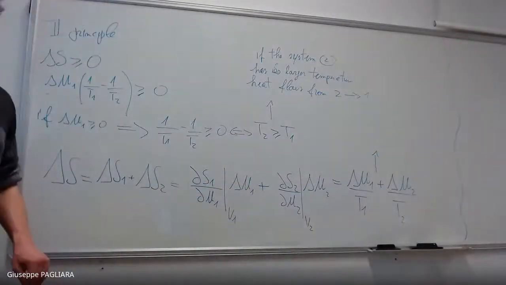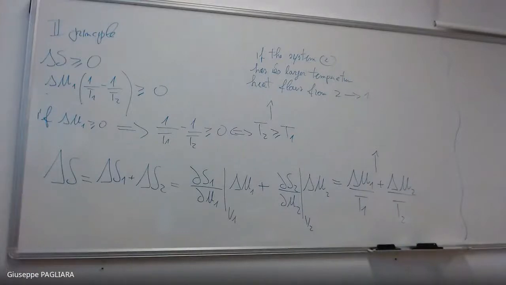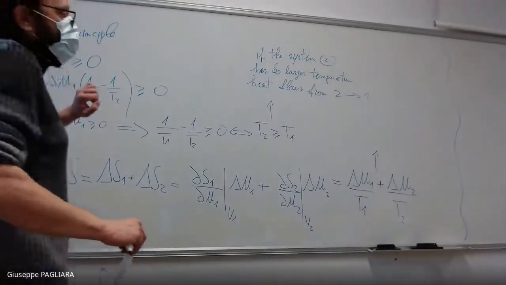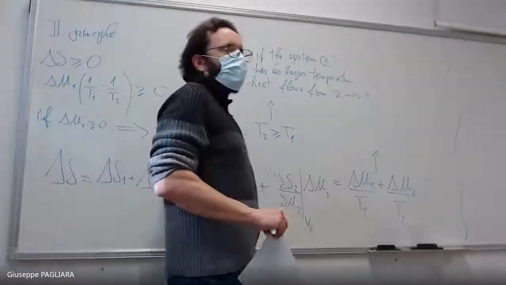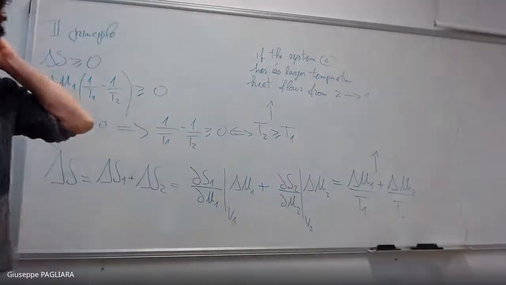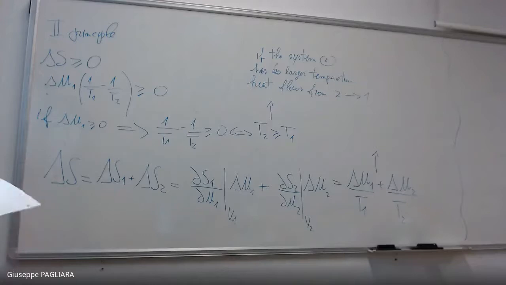Okay? It is very trivial as a result, but the nice thing is that it's obtained just from the second principle and from the Maxwell Relations. So it's just an application of what I said before.